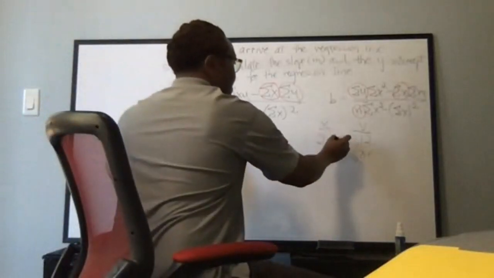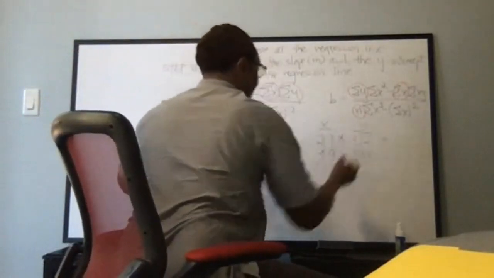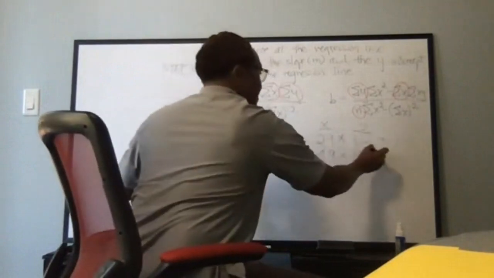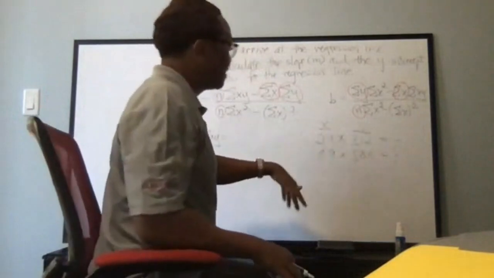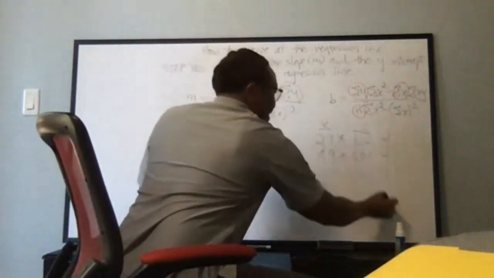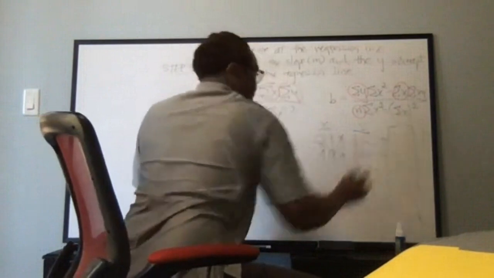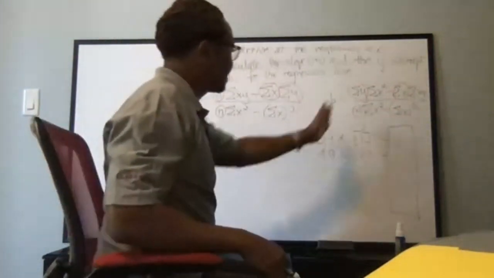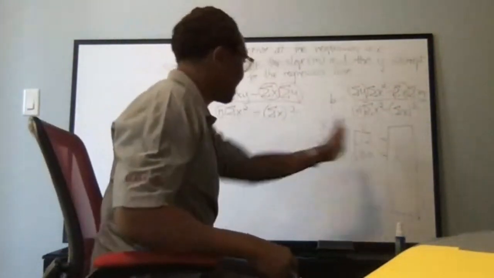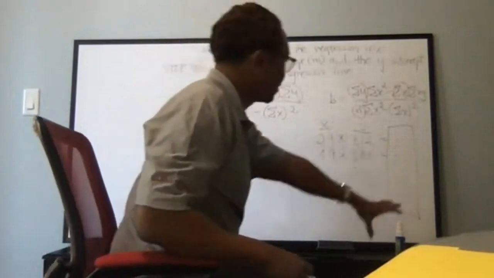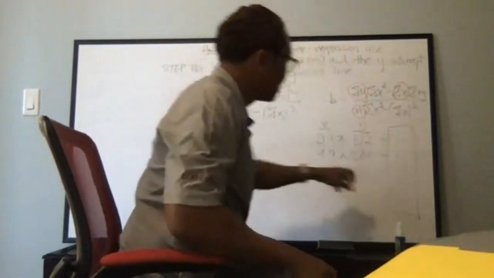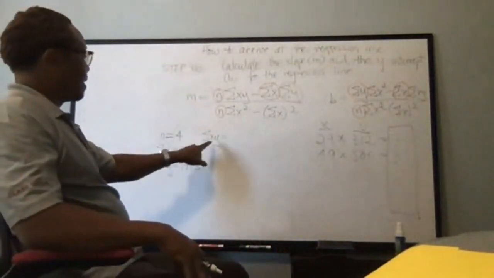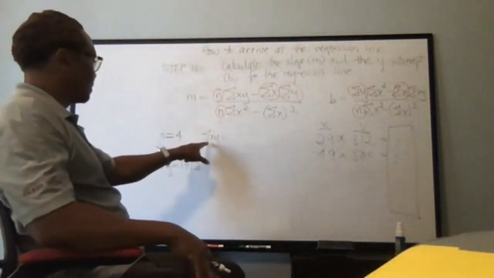This times this equals something. This times this equals something. So you're going to multiply first, and then for the final result, I'm going to add these numbers. So this times this, this times this, this times this, this times this. I'm going to get 4 products, and then just add those products. So that's the summation of X times Y.